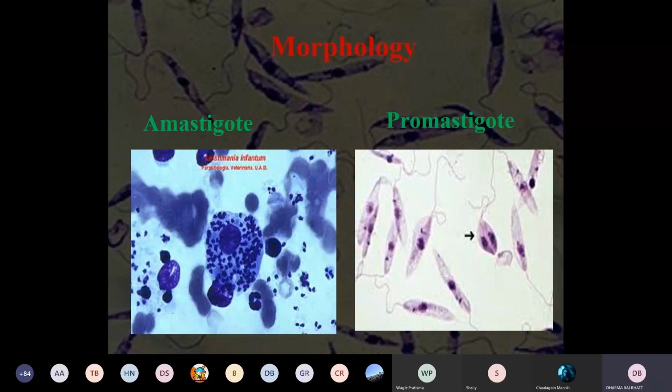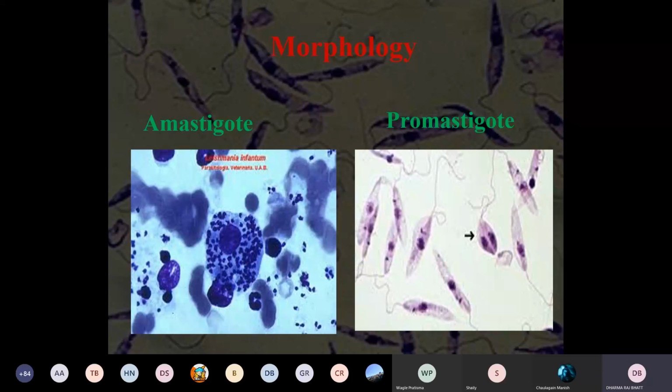Now let's begin the description of the parasite with the more important morphological features. Leishmania donovani exists in two different morphological forms. You can see it in the picture. One is called the amastigote form, another is the promastigote form. Amastigote is also known as the aflagellate form, and promastigote has a single long flagellum, right?